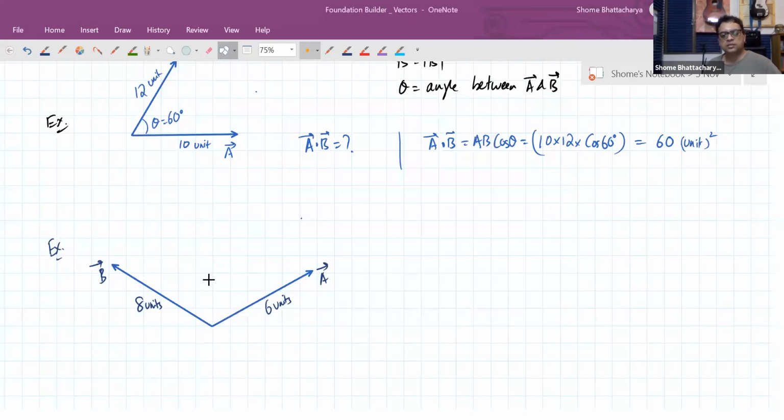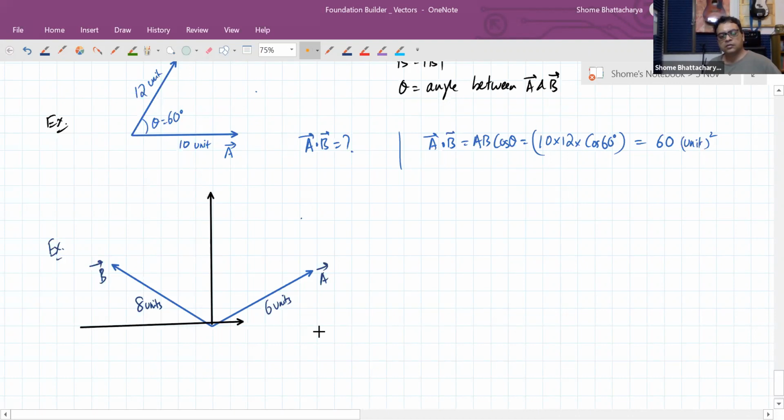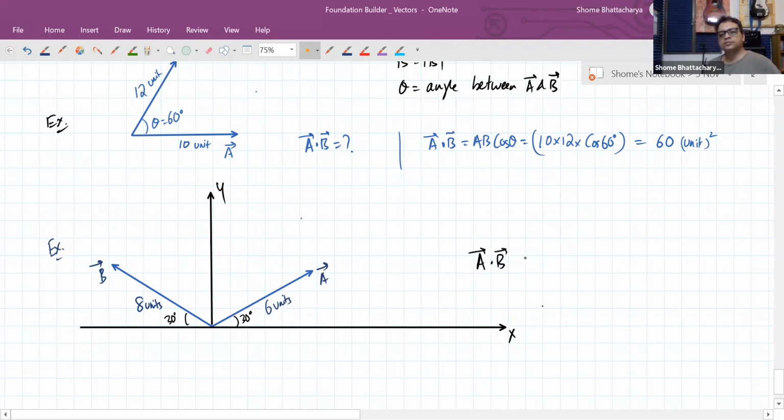With respect to the xy plane, vector A is making an angle of 30 degrees here and B is at a symmetrical angle of 30 degrees here. So now I want to find out A dot B. So just use this formula that you can see right above here. Use this formula here, but instead of those values, use these values now in this question.